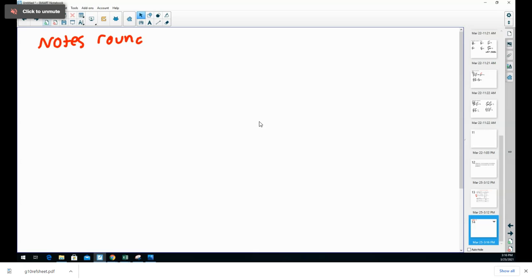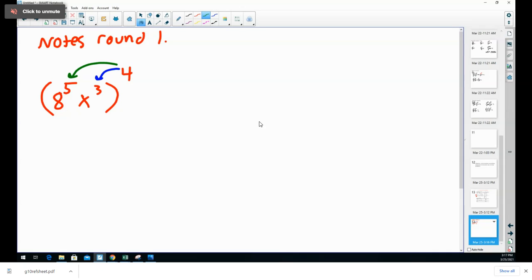So here are our notes, round one. It'd be 2 rounds of notes, 2 rounds of on your own. So if we have 8 to the 5th times x to the 3rd, and we raise that to the 4th power, this is going to be 4 is going to go to the 3, and 4 is going to go to the 5.